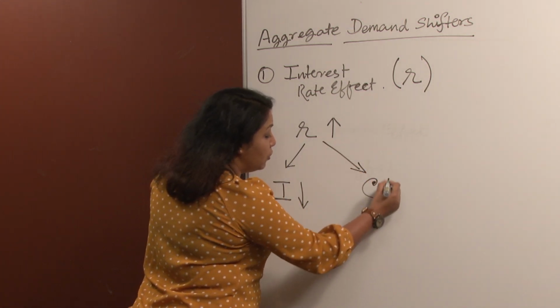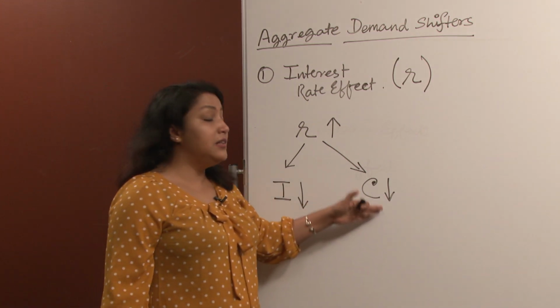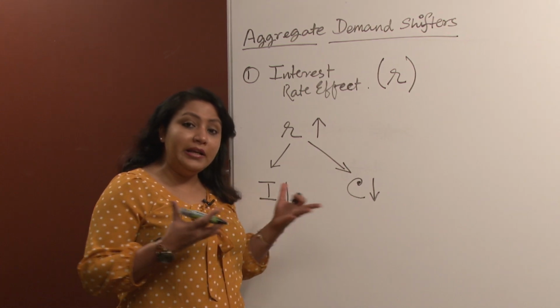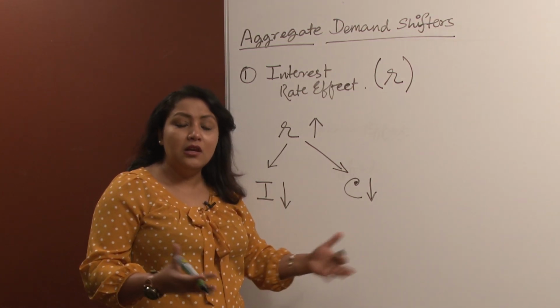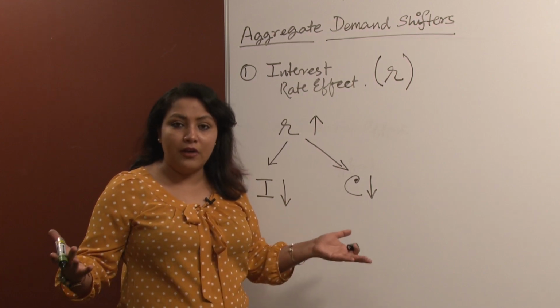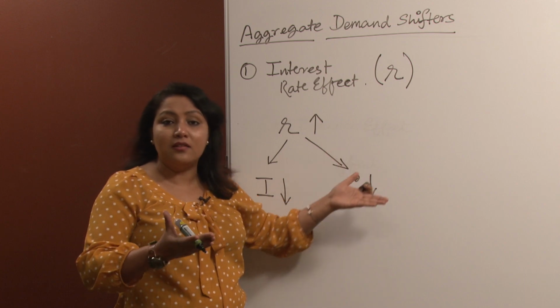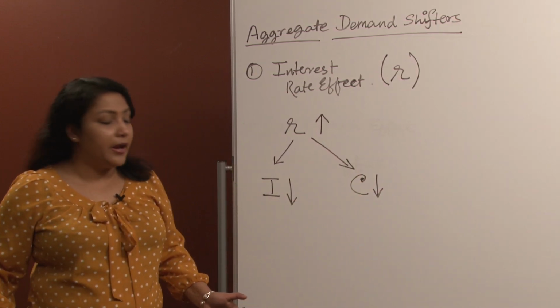So for the households, there is a decrease in consumption, because now they have an incentive to save. Remember what I said? When your income comes in, you do three things with it. You pay taxes, you consume, and you save, right? There is no change in taxes, so you have to pay the same taxes. And if you save more, then you have to consume less, correct?